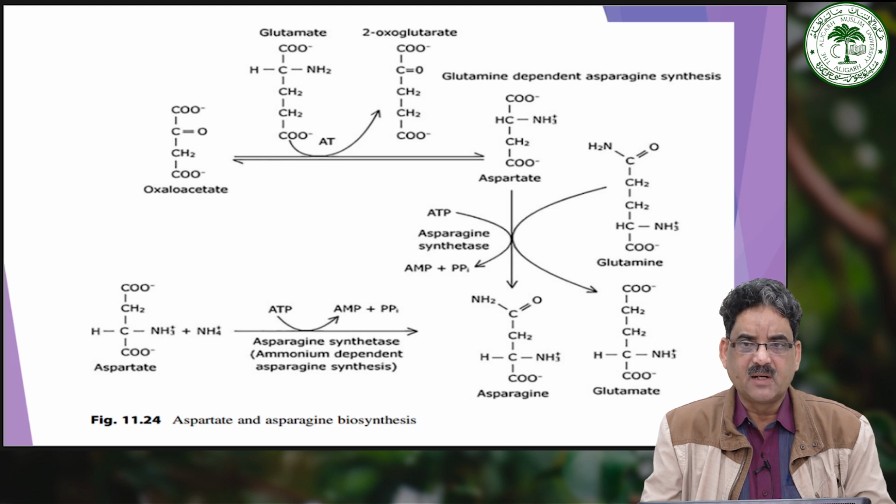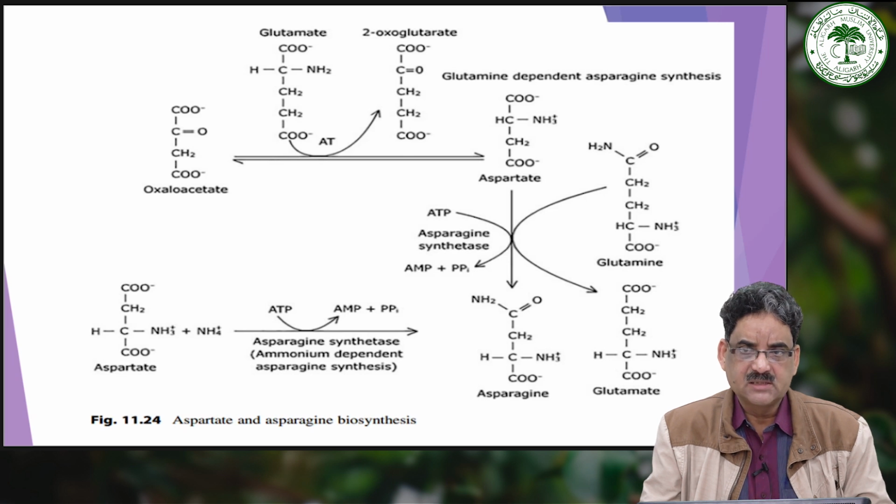involved in these pathways are often regulated by environmental and cellular conditions. For instance, the levels of light, carbohydrates, and nitrogen availability can impact the expression of genes coding for enzymes like asparagine synthetase.